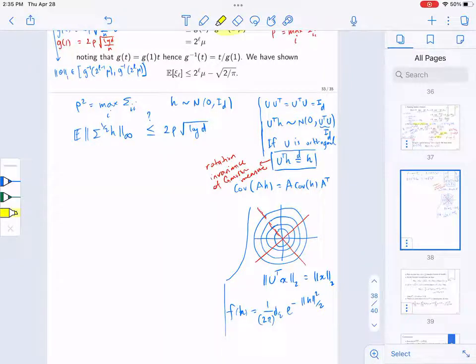So where do these orthogonal matrices often come from? Where is a good source of orthogonal matrices in linear algebra? Singular value decomposition or eigenvalue decomposition. That's usually what produces these.